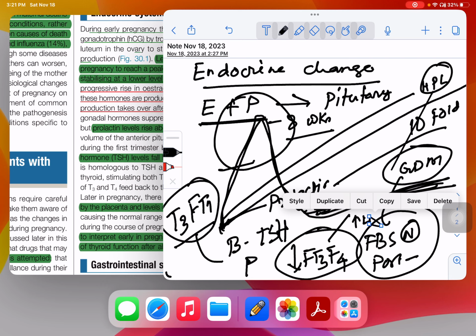TSH level becomes normal to high in the second or third trimester, but it is low in the first trimester due to the high level of FT3 and FT4 from the beta hCG effect. So this is all about endocrine changes during pregnancy.